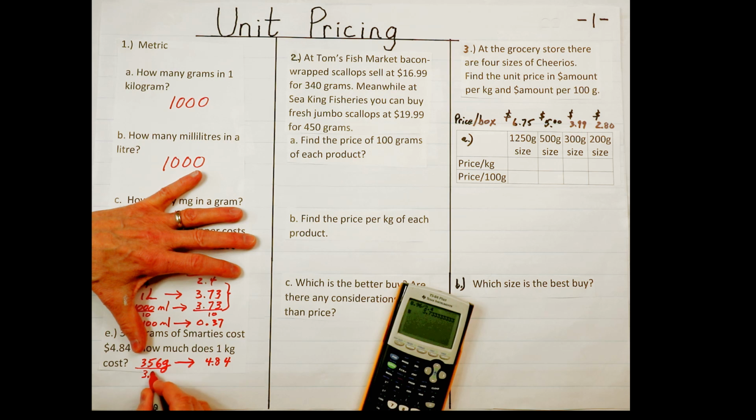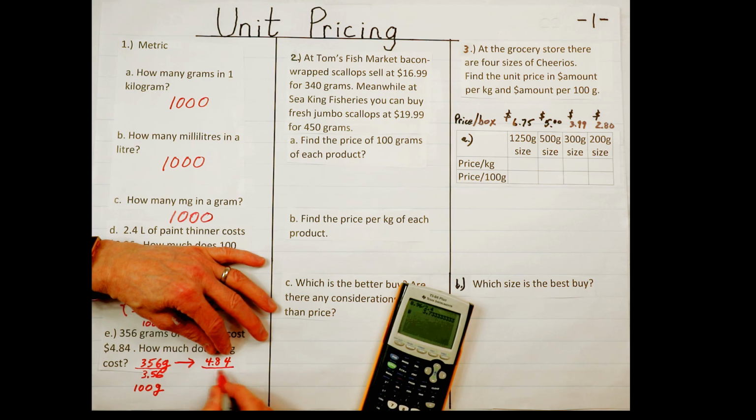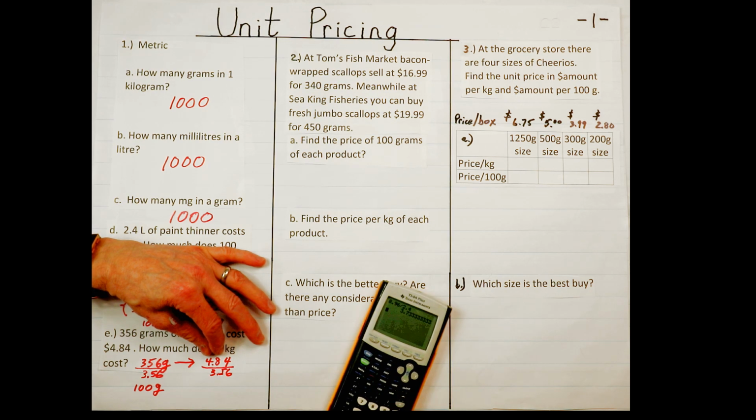If I divide by 3.56, what's that give me? It gives me 100. 3.56 times 100 is 356. And if I divide over here by 3.56, what do I get? 4.84 divided by 3.56, that's $1.36.